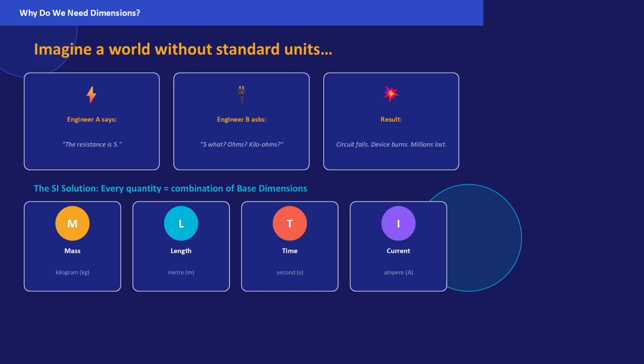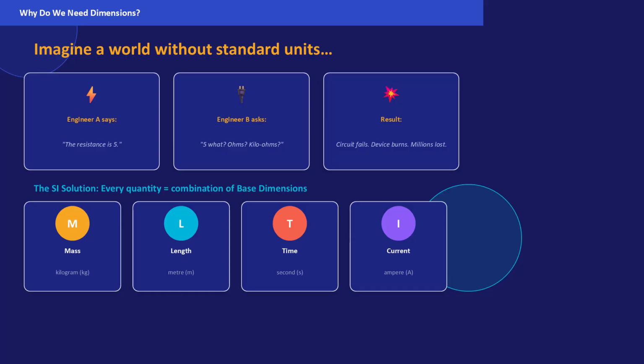They needed a universal language, a system that every engineer in every country, in every era, could use without ambiguity. The solution was to identify a small set of base dimensions from which every other quantity in nature can be built.